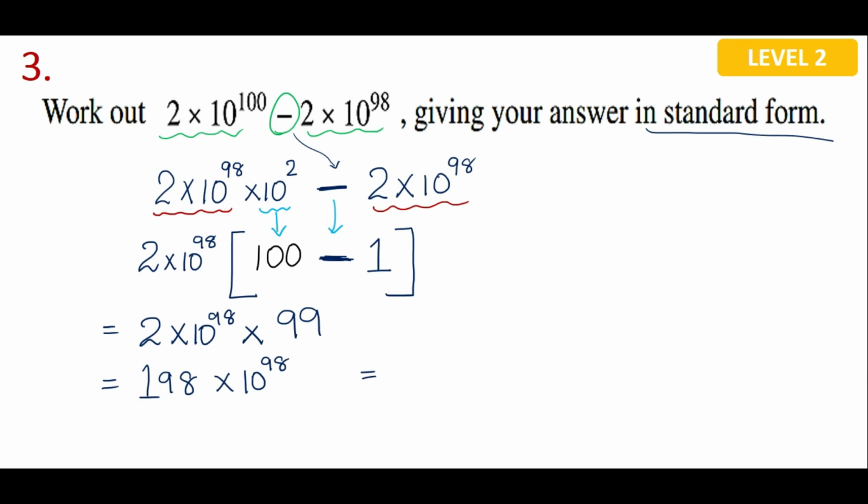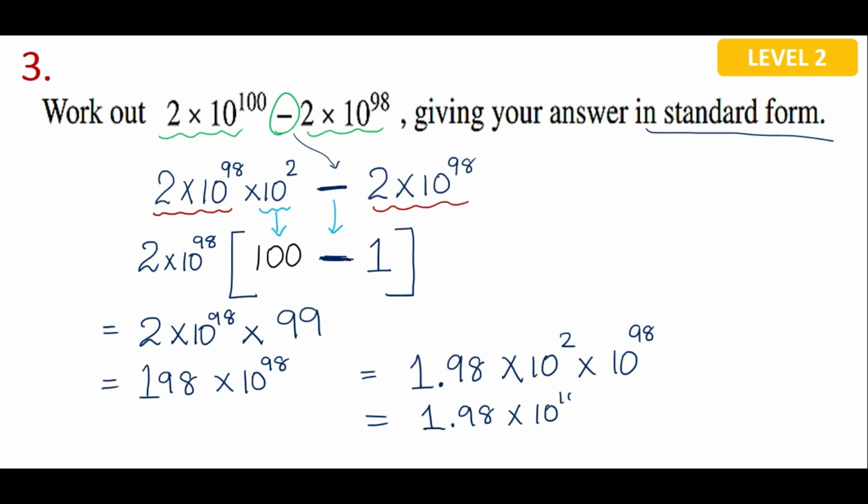So I will write it as 1.98 times, to get this 198, it's 10 to the power of 2 times 10 to the power of 98. Your final answer is going to be 1.98, adding 2 and 98, you get 10 to the power of 100. This is your final answer.